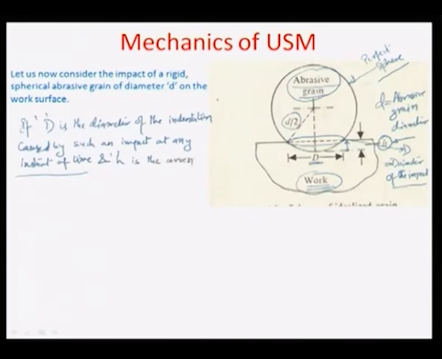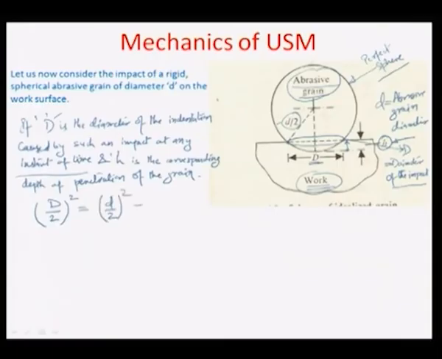So we have a geometrical relationship between the capital D, the small d and the h, and it can be written down as capital D by 2 squared is equal to small d by 2 squared minus small d by 2 minus h squared.